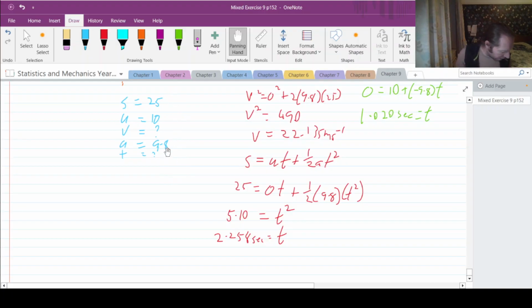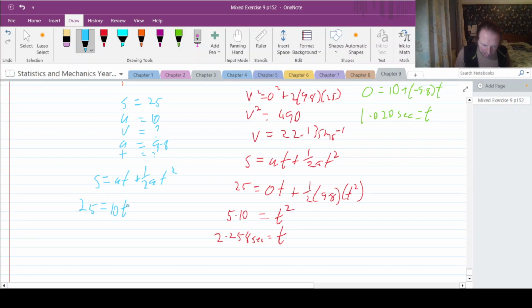What don't I have? Final velocity. So let's use s equals ut plus a half at squared. And so we've done the 25 meters in 10t plus a half times 9.8 t squared.